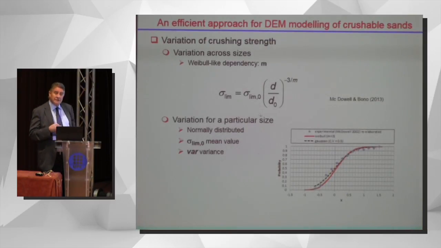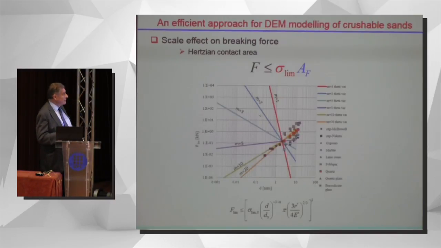Obviously, we know that there is a size effect in the strength of particles, so we assume that there is a Weibull-like dependency of this strength, which is expressed here. The basic parameter is this exponent m, and also we assume that there is some variability even for the particles of the same size, but here we use just a normal distribution, which is actually supported by experiments, by choosing the correct variance.